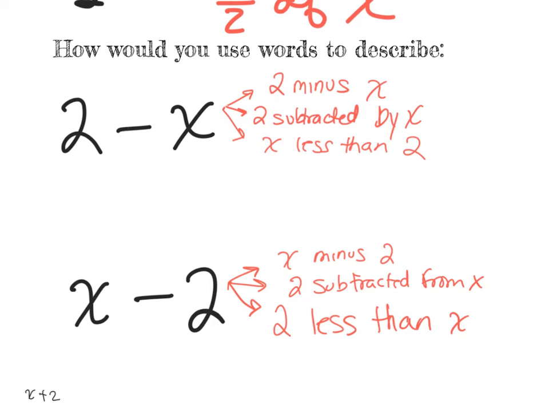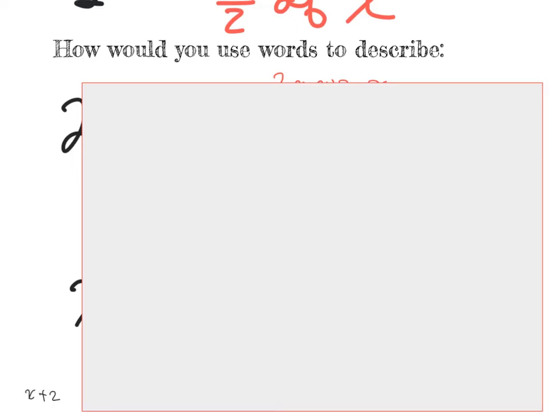Imagine, if you would, that I said to you, I have 5 less brownies than you do. That means that what I have, if I have 5 less than you and you have x, that means I have whatever you have minus 5.